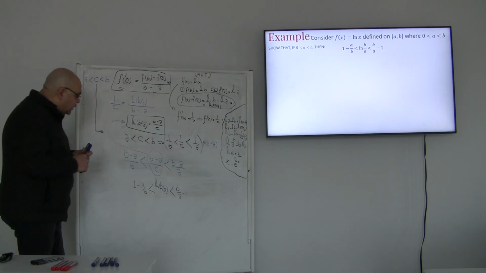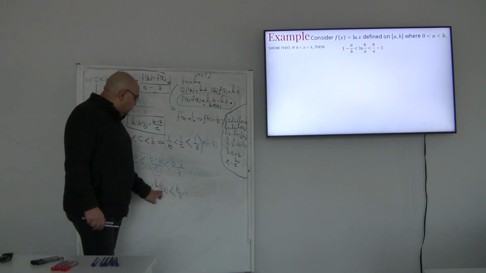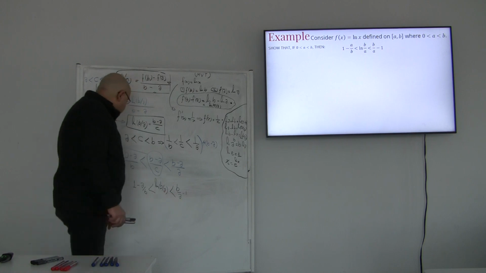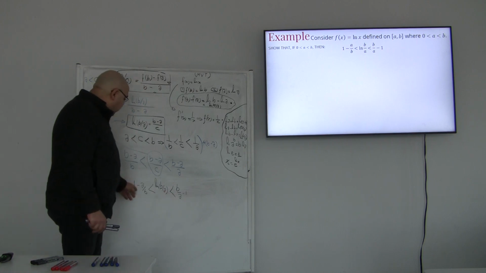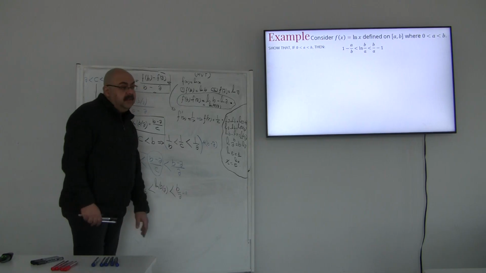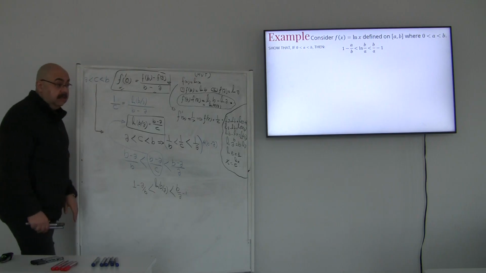Let's see if it makes sense. Yes, it makes sense. ln b over a is a value greater than 1, so it's going to be a positive value. And this is also positive because b is greater than a. And 1 minus a over b will of course be less than that. So now we have exactly the same relation.